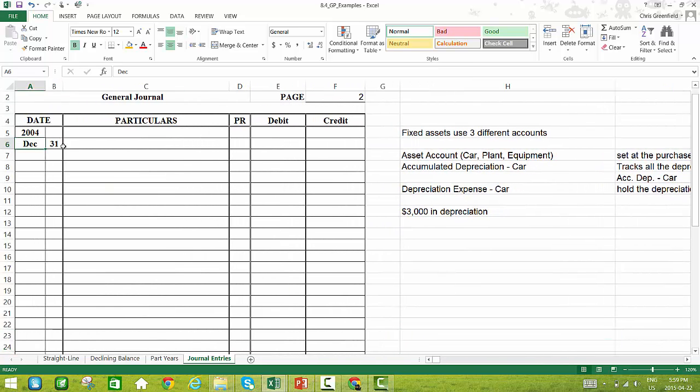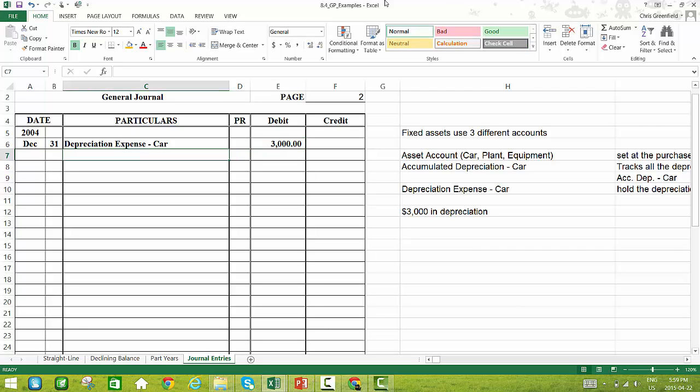So again, these are always going to happen on December 31st. These are part of our adjustments. So we're going to have our depreciation expense account first. And that, as I said, was $3,000.